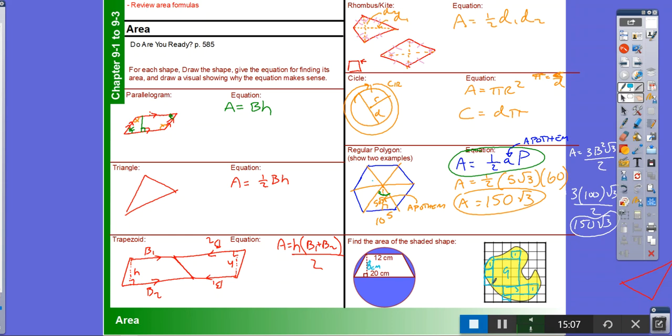I'm going to pause. I want you to pause the video, try to find the area of the blue, find the area of the yellow, and let's see how you did. All right, so now that you've unpaused it, the blue shape is a very satisfying 186.2 centimeters squared. I feel good about this one. There are formulas to plug it in, and I get it pretty close to an exact answer.